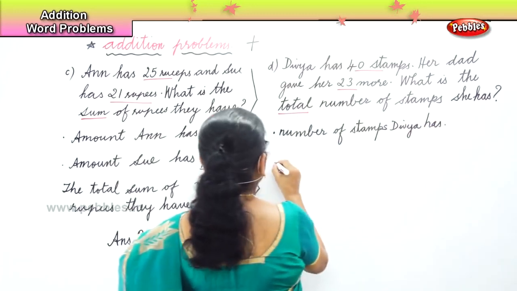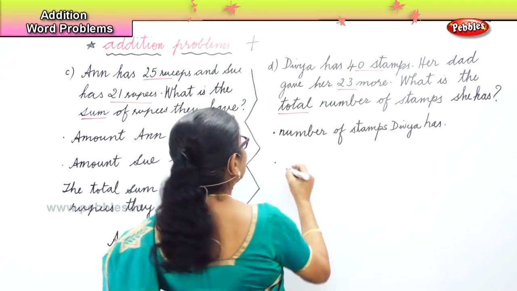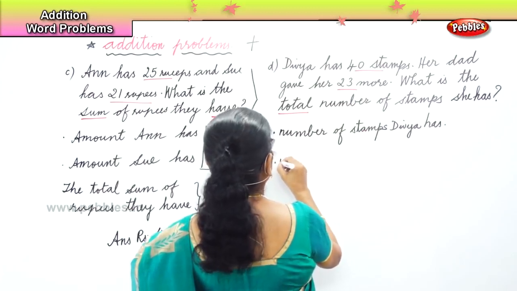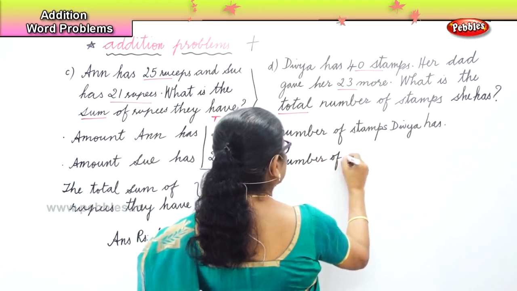And the next statement will be number of stamps given by dad.